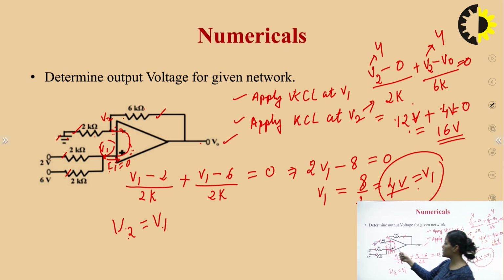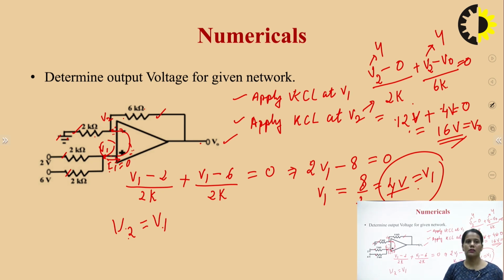So first consider the non-inverting terminal, apply KCL and find out the voltage at this terminal, and in the next step you will apply the KCL at the inverting terminal, and using the concept of virtual short or virtual ground, whatever applies to your numerical, you will consider the voltage as V2 equal to V1 and substitute the same. So in this way you will be finding the output voltage. So here V0 will be equal to 16 volts. So I hope this is clear.